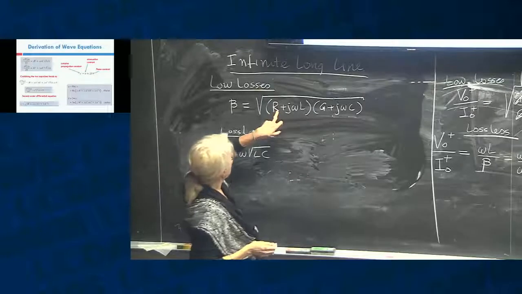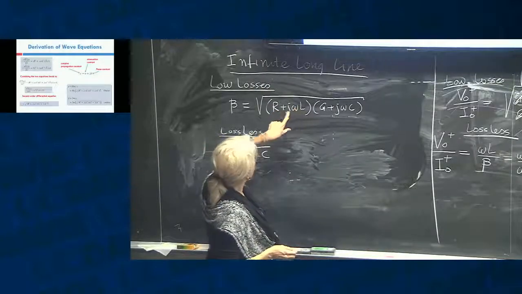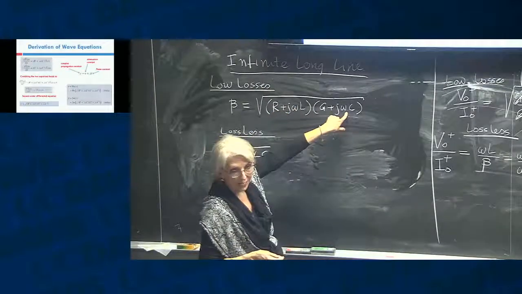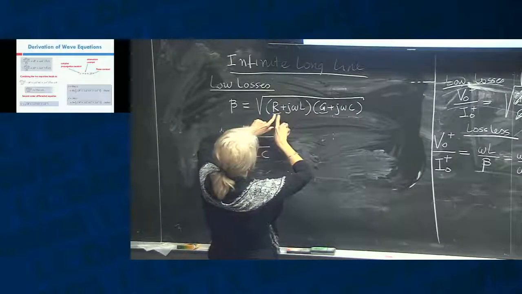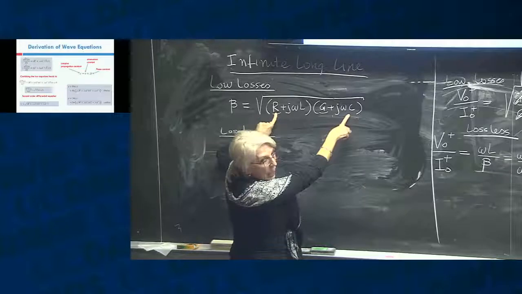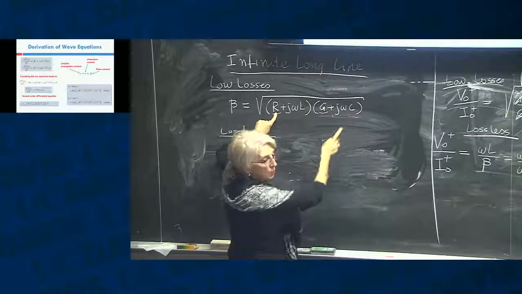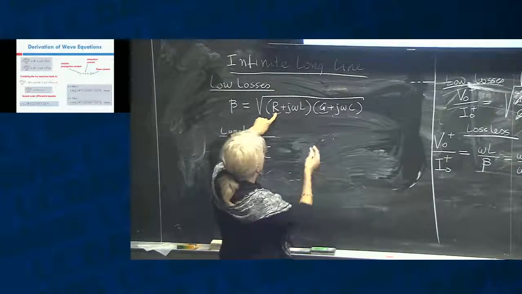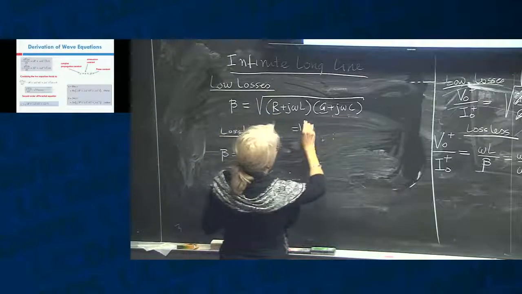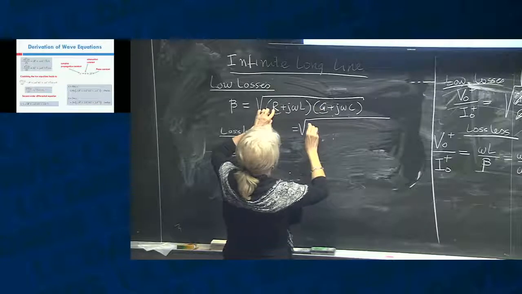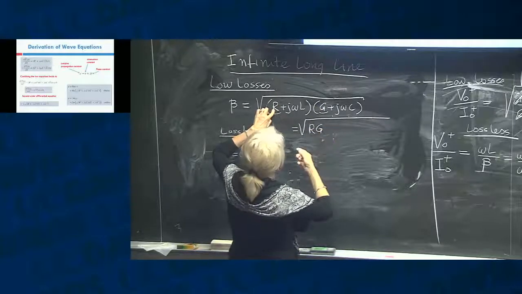And because they are complex and because they are products of large quantities, this is small and this is small, but the product of this with that can be large, and you may not be able to ignore it. It's interesting to see how it happens. If I were to do it like that, it will give me RG, a very small number.